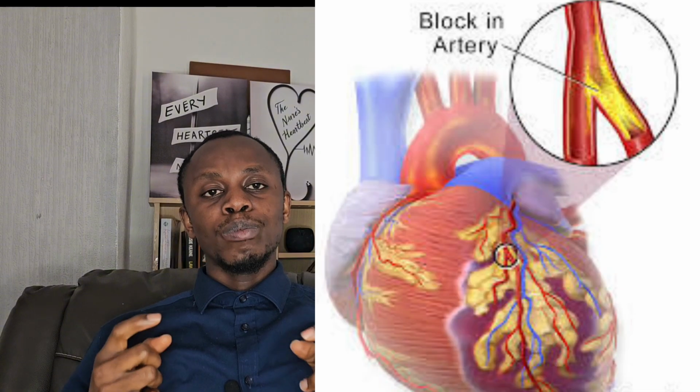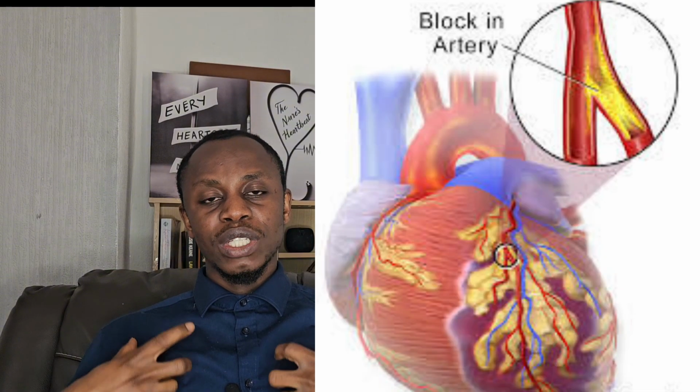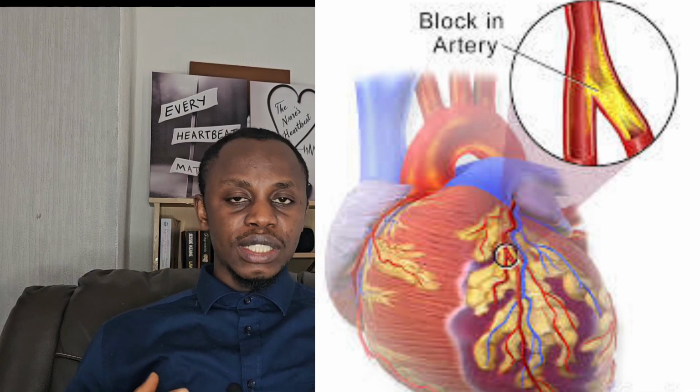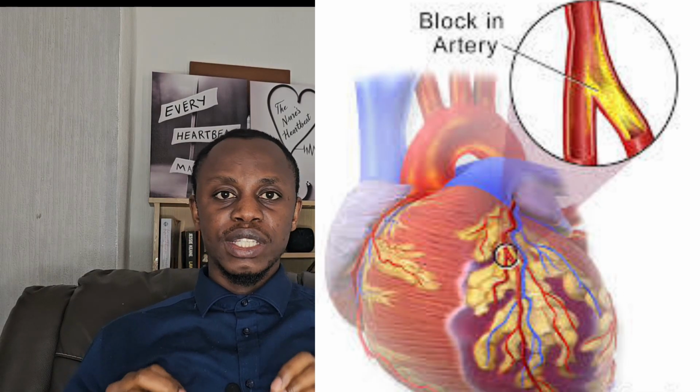Now, we wouldn't go into much of the pathophysiology, but the most common cause of myocardial infarction is coronary artery disease. As I said, the arteries are supposed to send blood to the heart itself, for the heart to get the nutrients in the blood and oxygen. When there is a disease of these coronary artery vessels, then there is going to be a myocardial infarction, that is tissue death of the myocardium.